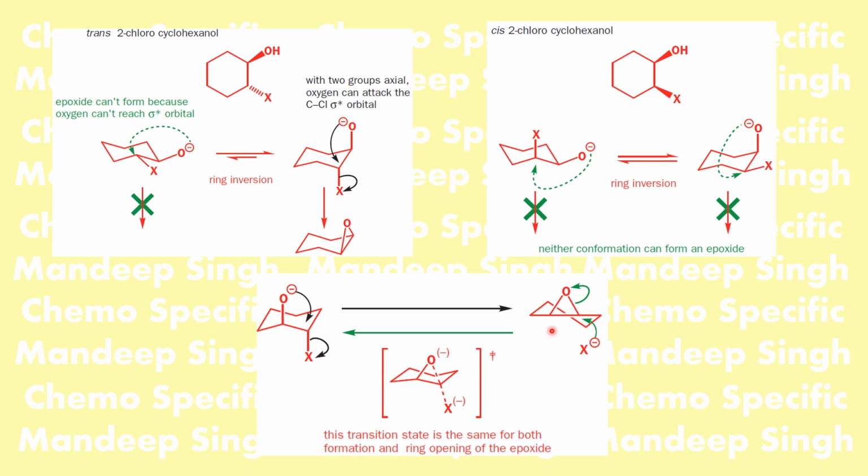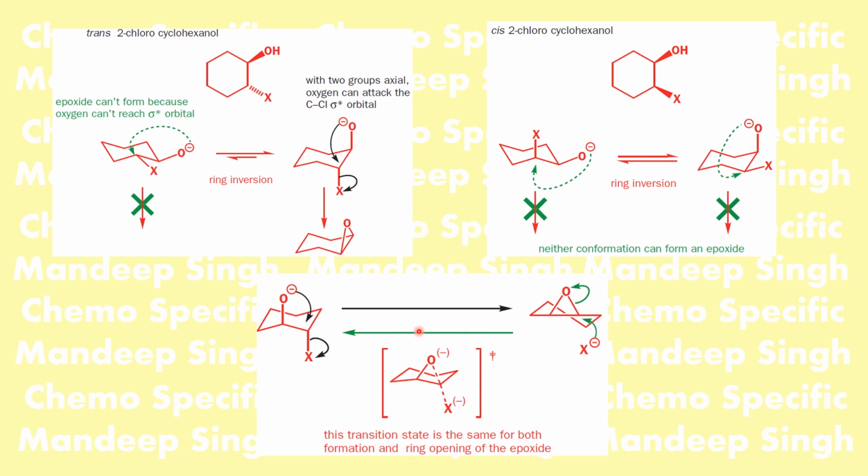If this factor is necessary for epoxide formation, the same factor is important when the epoxide is opening as well. For the opening of the epoxide, the sigma orbitals of this X, which could be chlorine minus or bromine minus, should be anti-periplanar to the carbon-oxygen sigma star orbital.